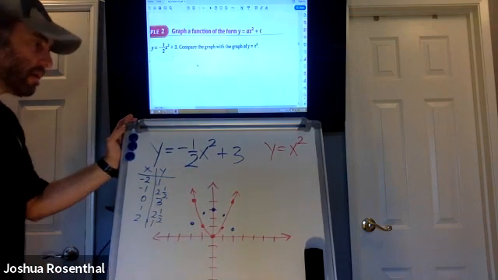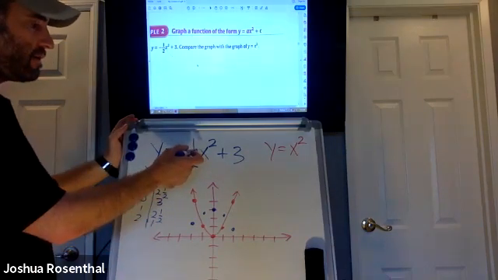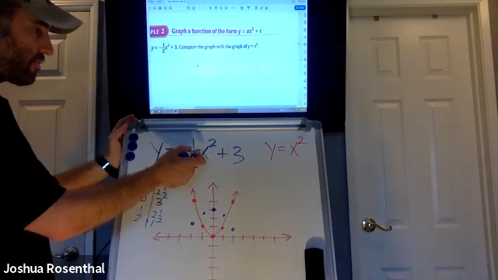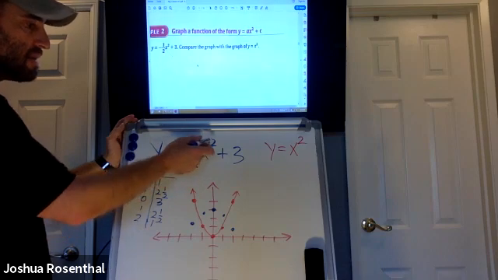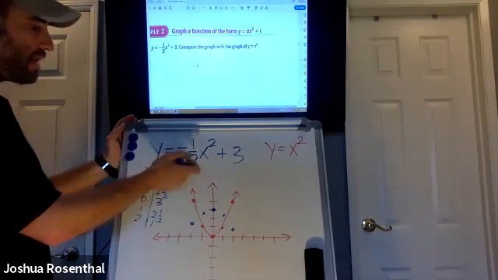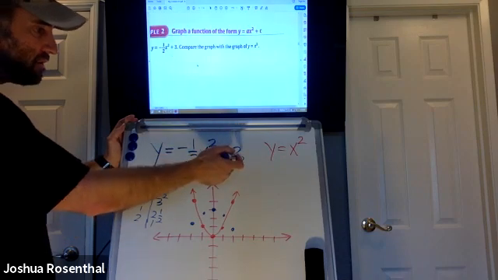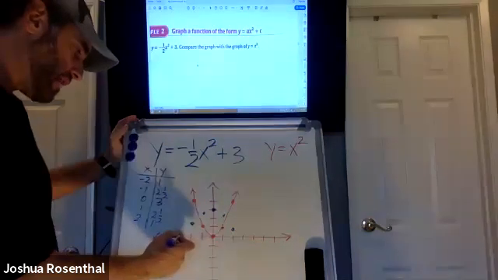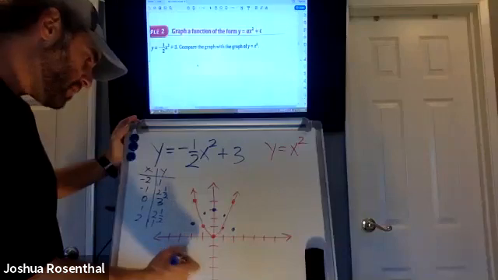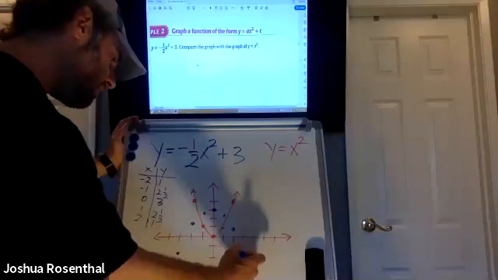Wonder what would happen here at -3. -3 squared would be 9, and then we'd have -4.5. And then you'd have -1.5. So -3, -1.5. +3, -1.5.